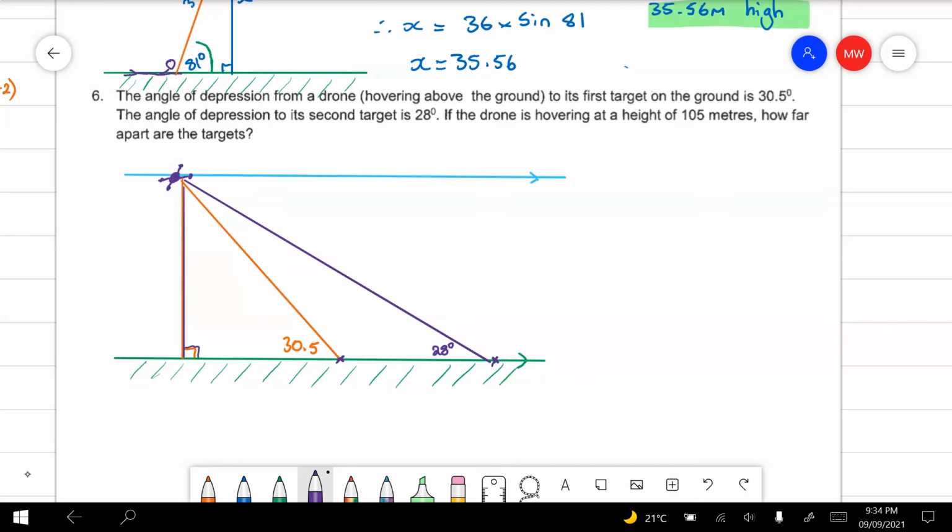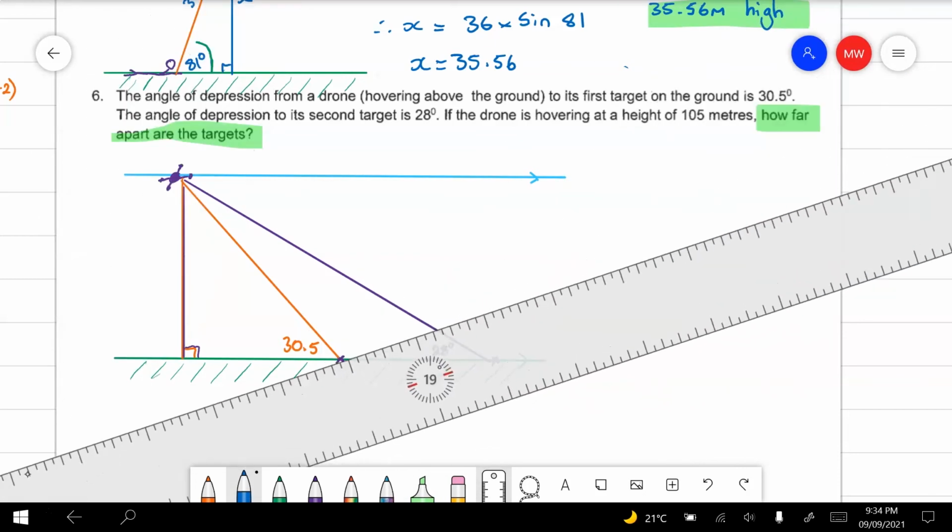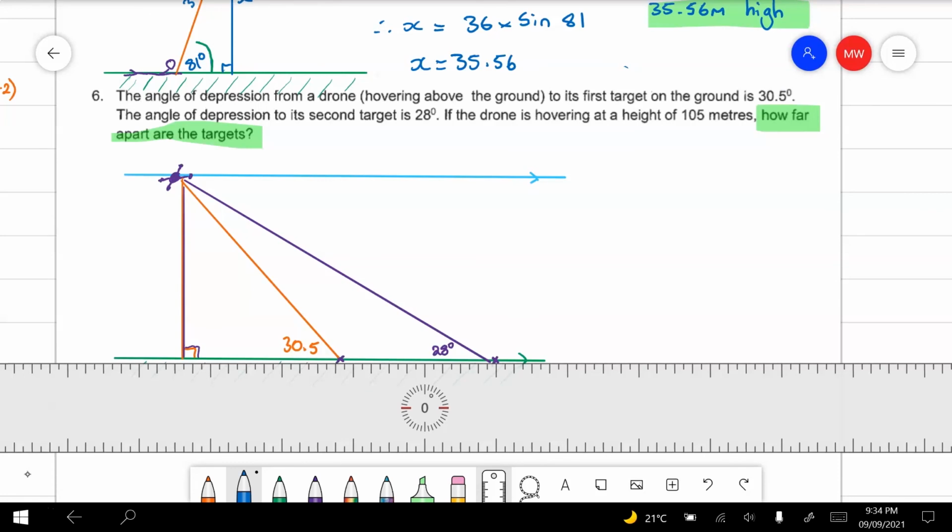Now, the question is, how far apart are the targets? And what we need to try and find is this distance in here, from here to here.